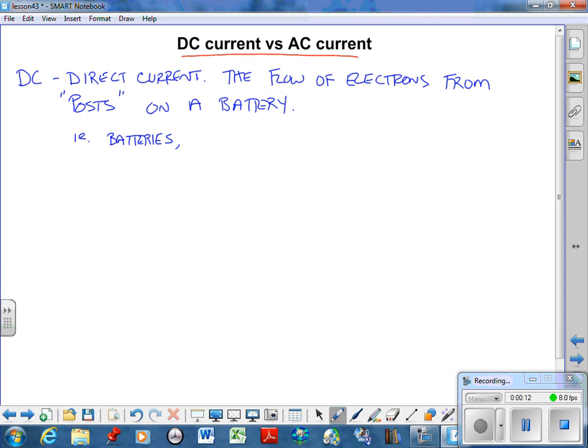And anytime you plug in a device like a laptop that has that kind of power box, your laptop and several other devices, when they plug into the wall and you have your cord, which goes to a box, which then goes to your laptop, those are examples as well of direct current because that box converts AC to DC. Okay, so those are examples of direct current.